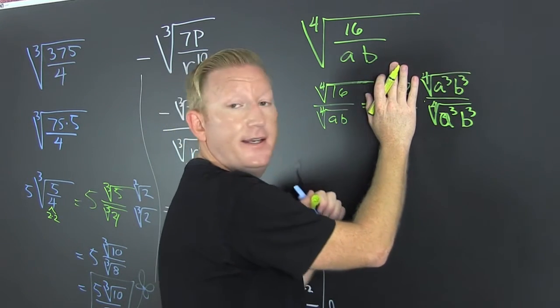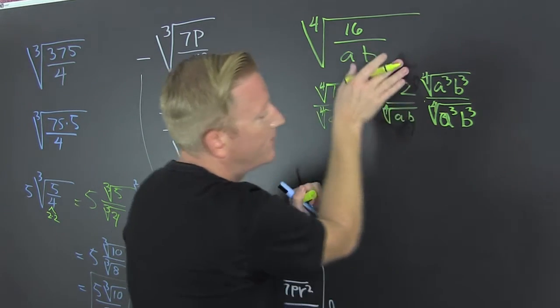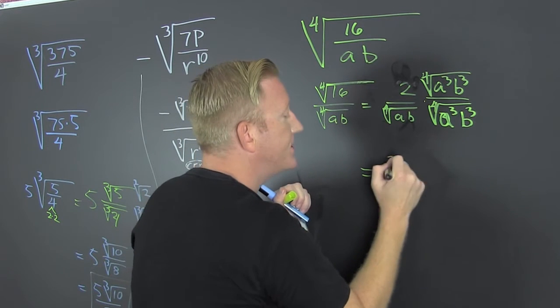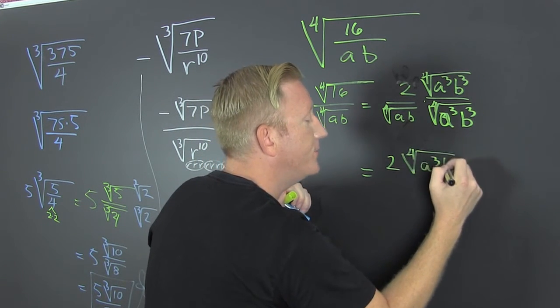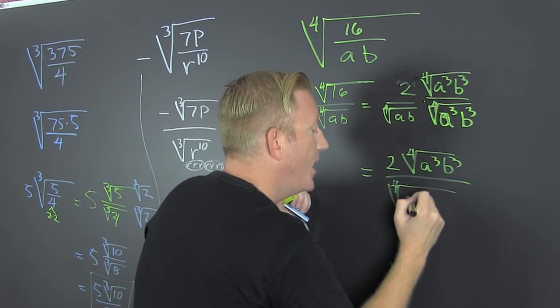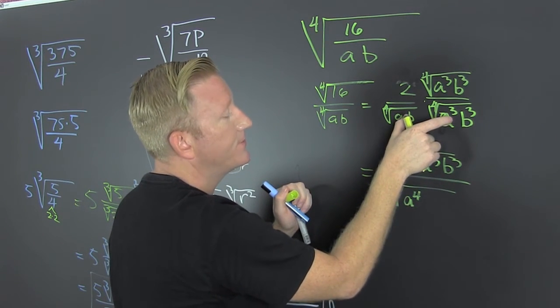That's the magic one. If I can multiply once, then I can multiply twice. So that's 2 times the fourth root of a to the third b to the third, all over the fourth root of a to the fourth b to the fourth, because I have the same base and I'm multiplying, so I add their exponents.